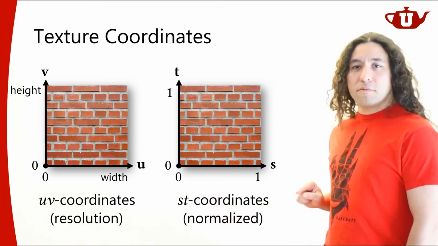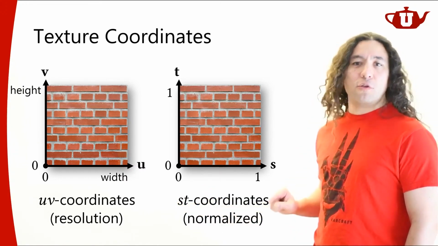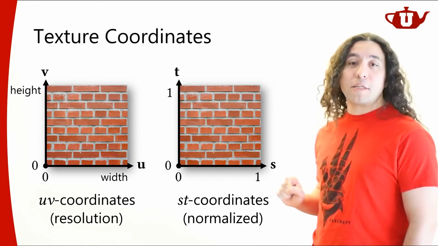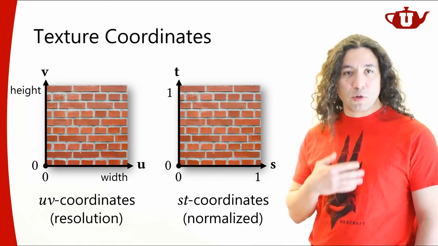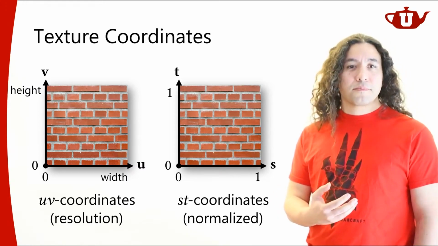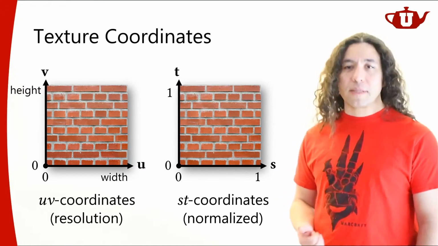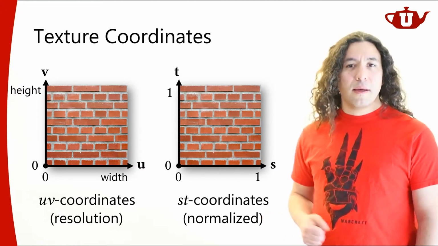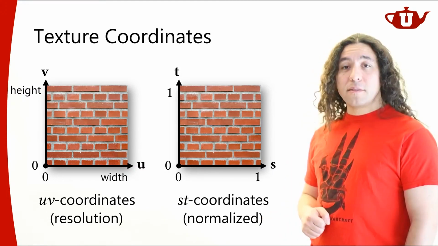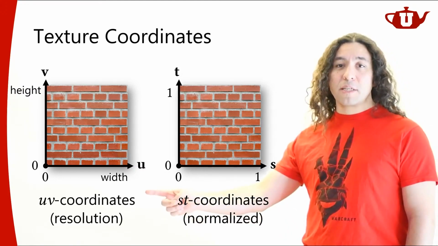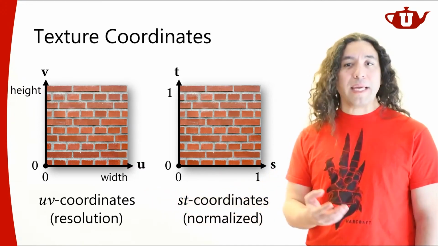I don't have to change texture mapping just because I want to use a different texture with a different resolution, right? So we almost always use normalized coordinates when we talk about texture coordinates. So that's the reason why when people say texture coordinates or UV coordinates, they almost always mean these normalized coordinates. And if you look at a texture image like this, width and height, they don't have to be the same.